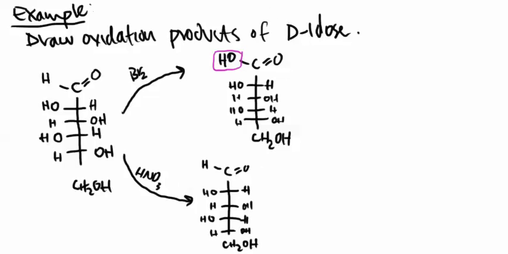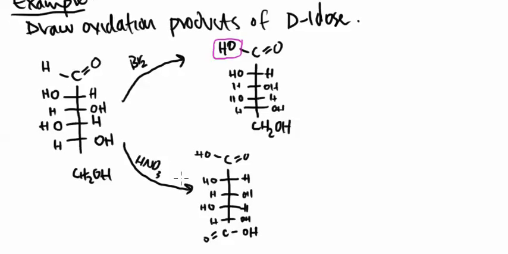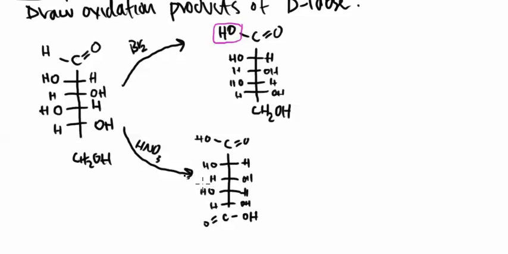So it's going to target the top, and it's going to change that into an OH just like bromine did. But it's also going to target this down here at the bottom. And this CH2OH also turns into a C double bond OOH. Okay, so this is the route for the nitric acid.